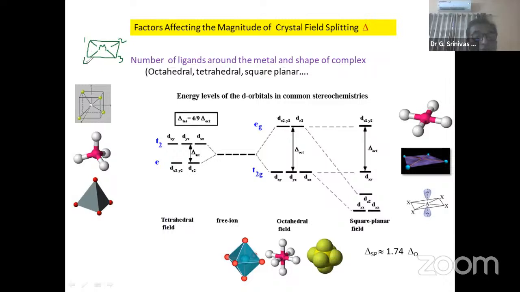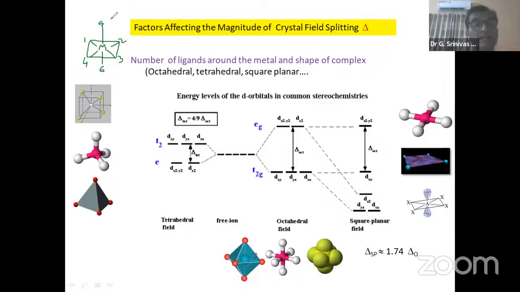So these 4 ligands in octahedral complexes are in plane, whereas the other 2 ligands, 5 and 6, are above and below the plane.